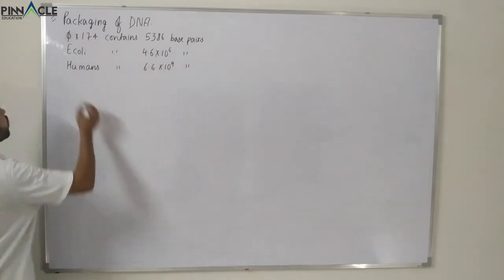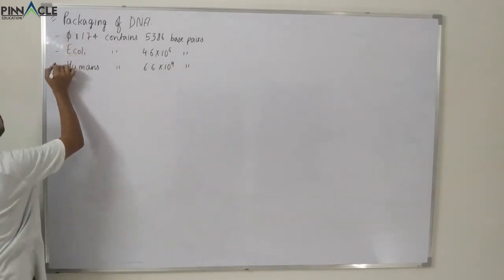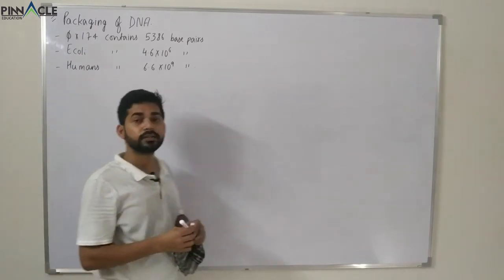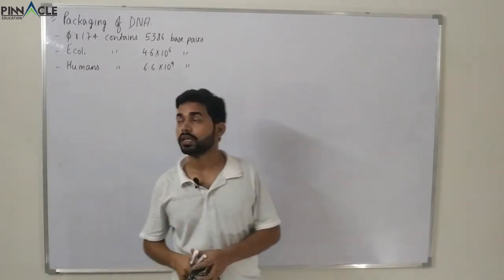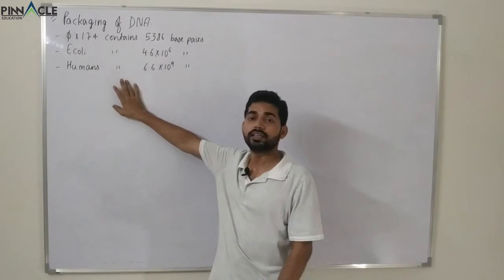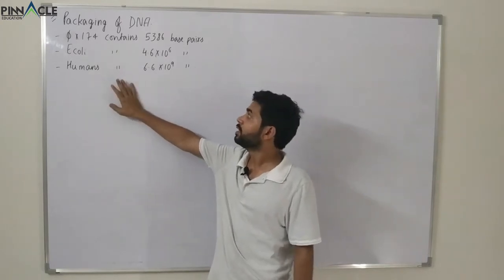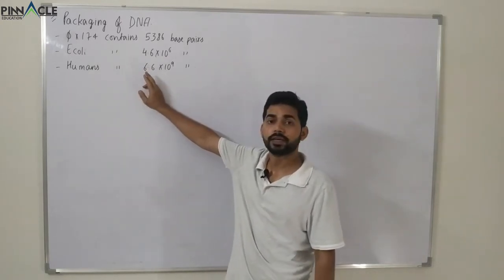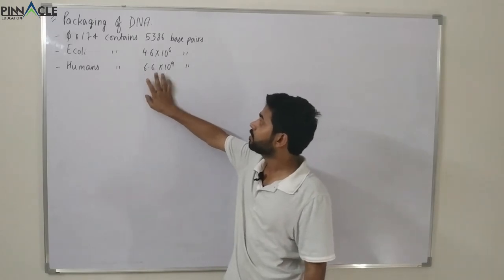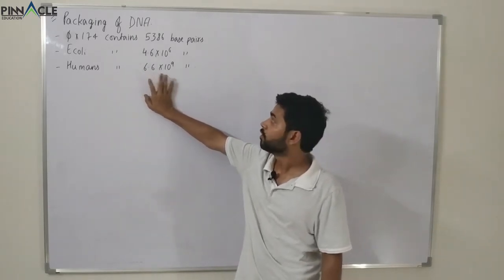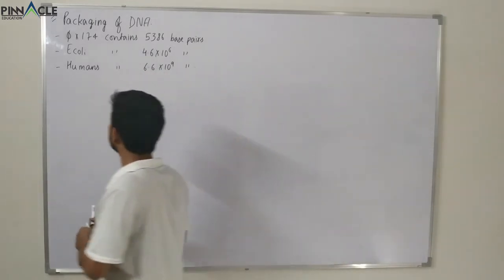So these are the normal examples of certain organisms and the number of base pairs in them. The length of the DNA is normally measured by the distance between the base pairs, multiplying that with the normal number of base pairs. So we have to understand how that is calculated.